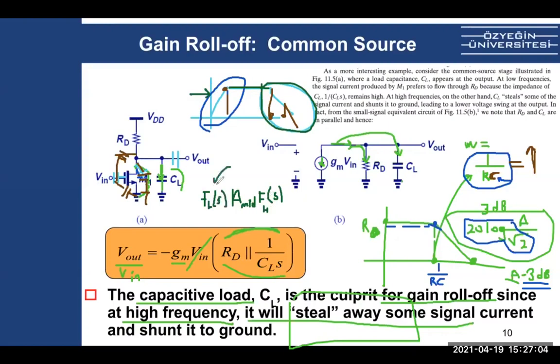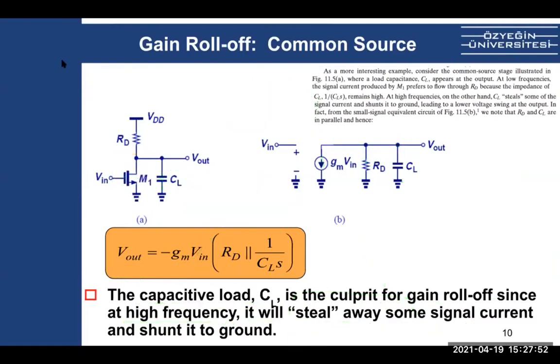So this F L of S, when the frequency is high, basically your circuit can be just represented like this, because this one goes to 1 when the frequency is high, and this one goes to 1 when the frequency is low. Okay, so basically we divided this entire characteristic into 3: F L, A mid, F H, basically low frequency, mid gain, high frequency. Okay, which I will explain in the next lectures.